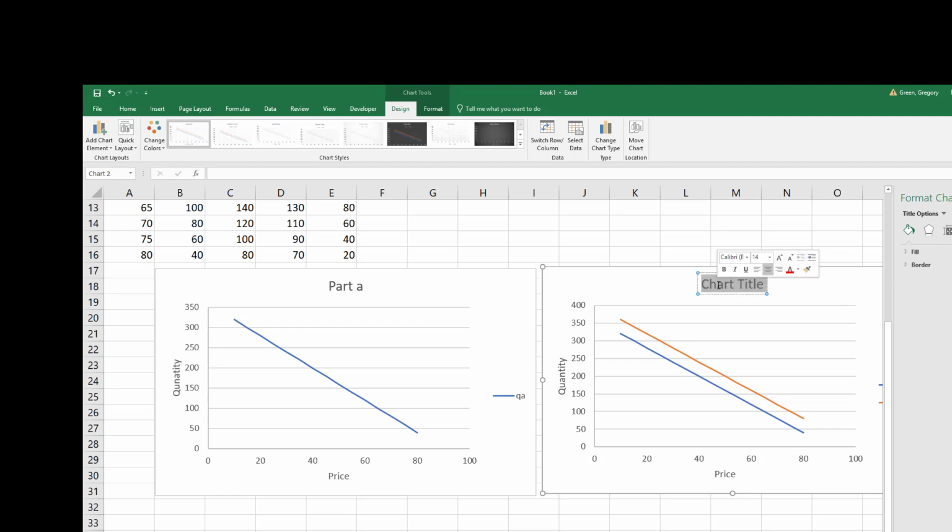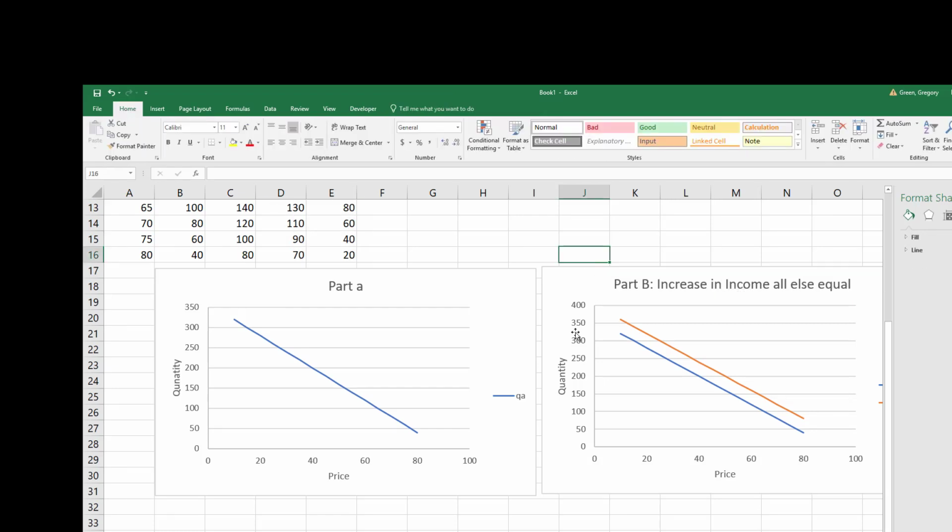And the title, let's see, I'll make it part B, increase in income. All else equal. All else equal says I didn't change anything but income, that's it. I will let you finish the other two parts, but hopefully you find this helpful and you can see how to draw these demand curves in Excel. Thank you.